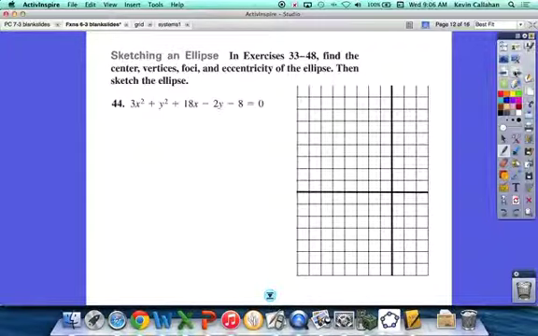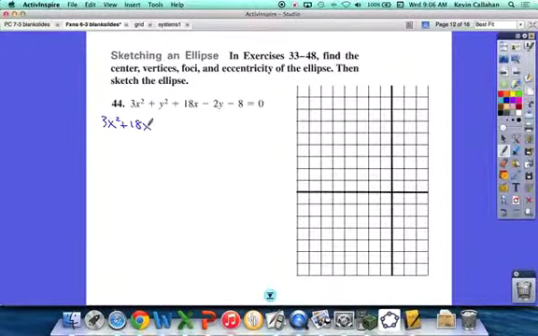So if you do it twice, I would do it like this. Get your x terms together, 3x squared plus 18x plus y squared minus 2y, and then move the 8 to the other side. Add 8 to both sides. Now remember, whenever you complete the square, you need to have a 1 as the coefficient of the squared term.